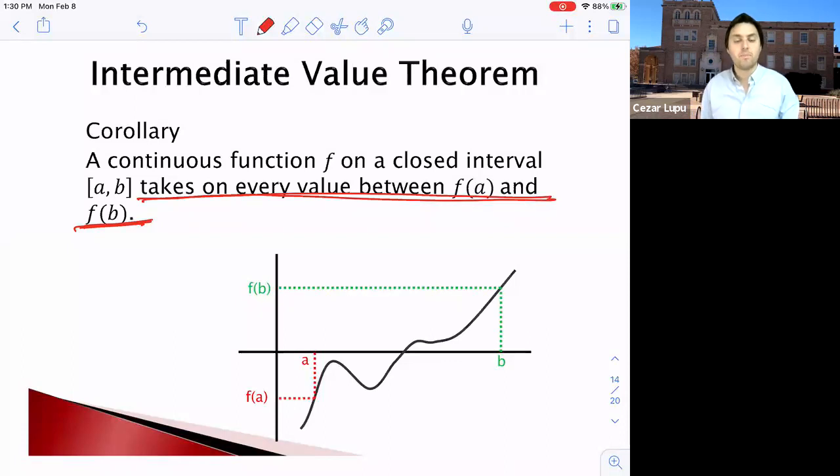That's one of the important things about how the intermediate value theorem plays an important role here. But again, this comes from the power of a continuous function on a closed interval. All right, so keep this in mind.